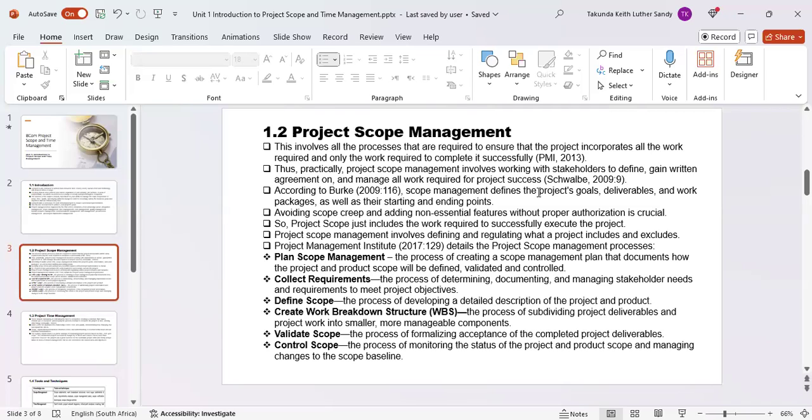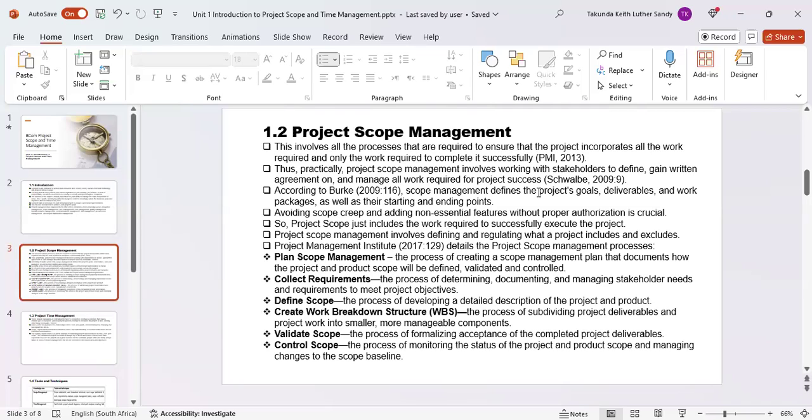Right. So when you talk about scope, we said scope is the work that is required to complete a project. How do you come about this work? You need to sit down with the relevant people that are involved in your project, and then you discuss, or come to a consensus on, the work that you need to do. By so doing, you are defining the scope with your stakeholders.